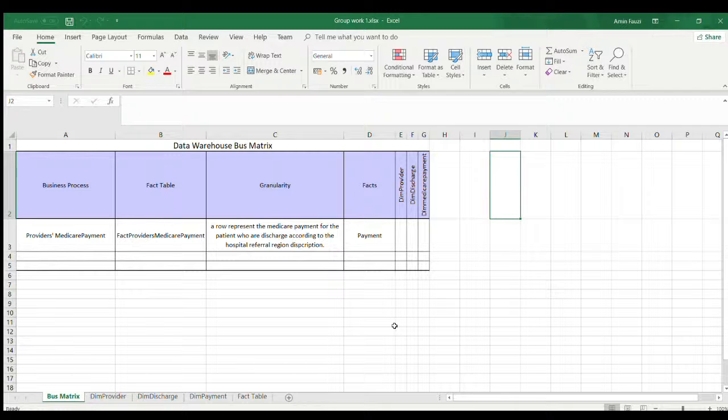For the business process, we have provider Medicare payments, and the fact table is fact provider Medicare payment. The granularity is a row that represents the Medicare payment for the patients who are discharged according to the hospital referral region description. And the last one, the fact, is about the payment. Thank you.